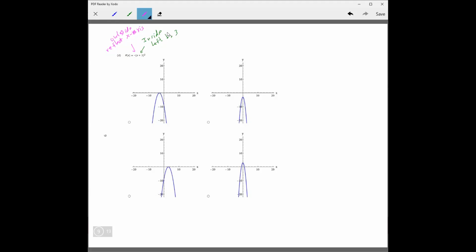So going left by 3, which would put us over to here, and opening inverted through the x-axis, that'd be this one right here. None of these have been moved to the left by 3. This one moved to the right by 3.